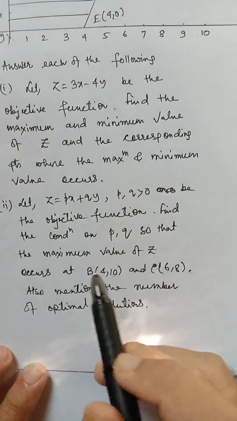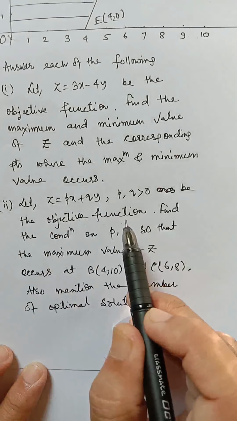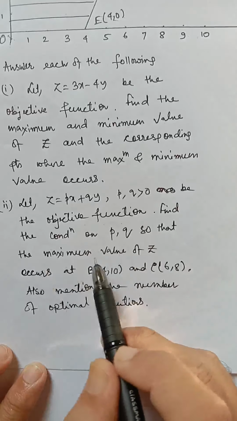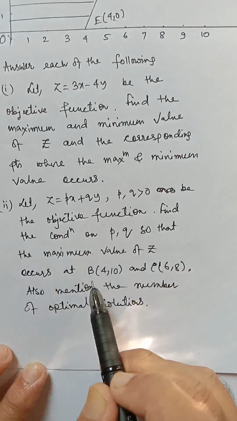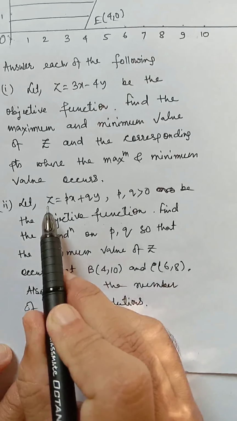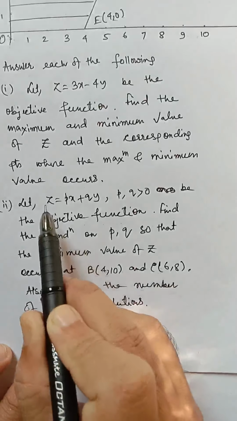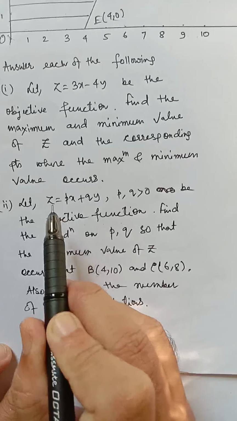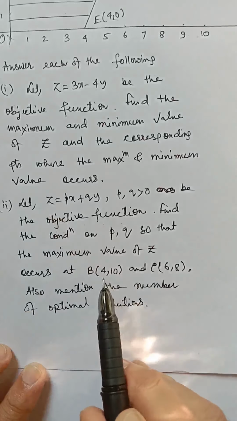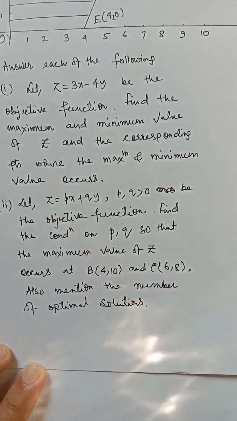Now in the next part, what is given? Z equal to px plus qy be the objective function. Find the condition on p and q so that the maximum value of z occurs at B and C. That means the value of z is maximum at these 2 points, so at B and at C the values of z are the same.